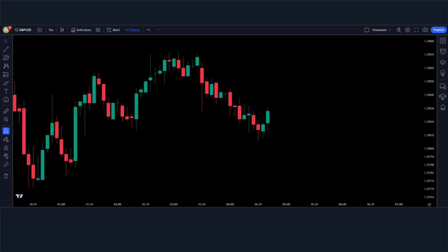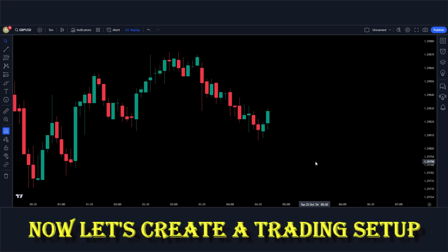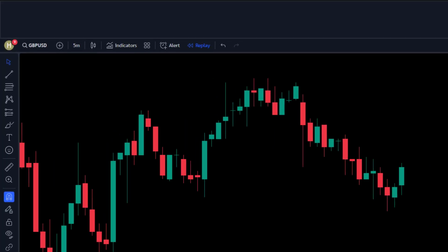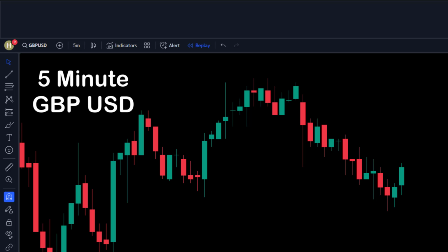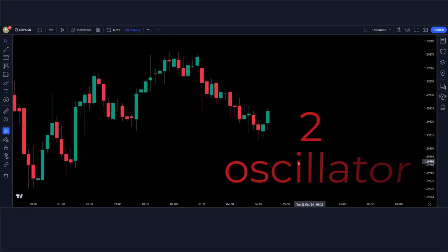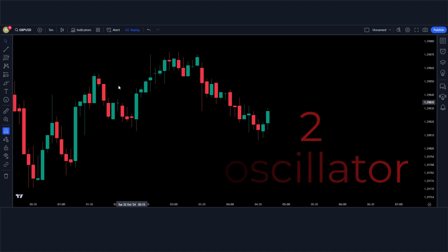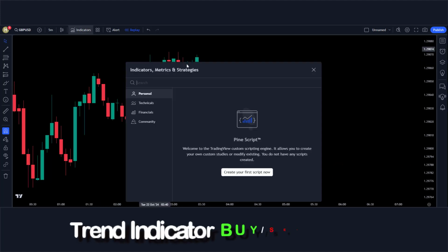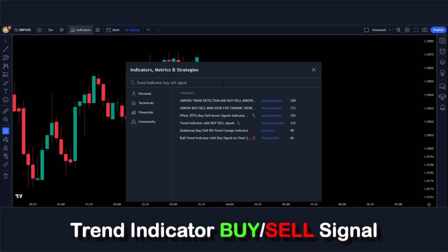So let's get started. Now let's create a trading setup. We are going to test this strategy on 5-minute frame in GBP USD chart. In this setup we would require two oscillators here. First indicator name is trend indicator buy sell signal.